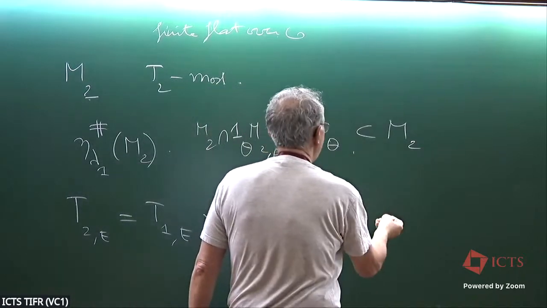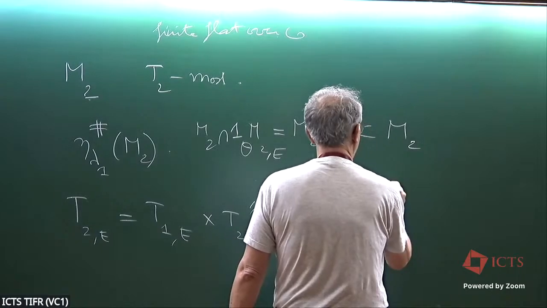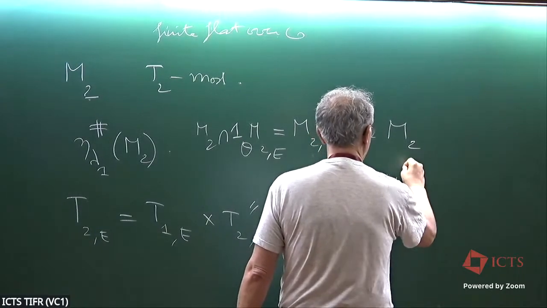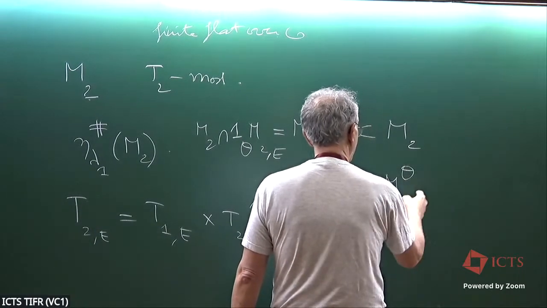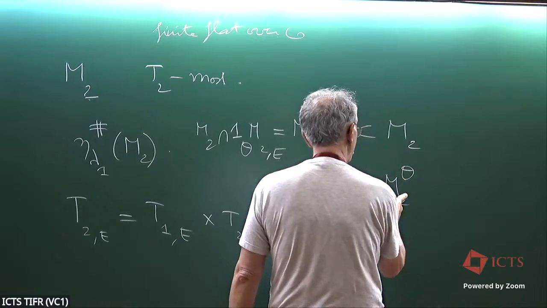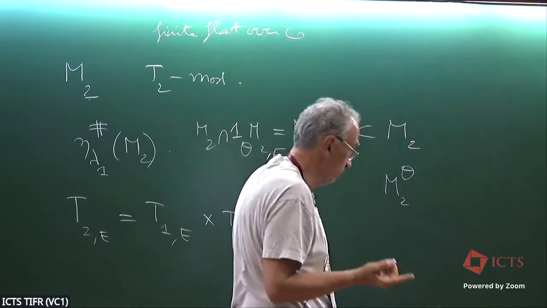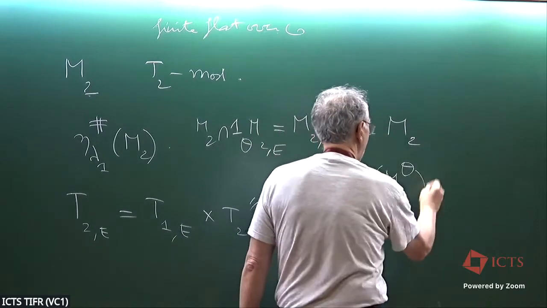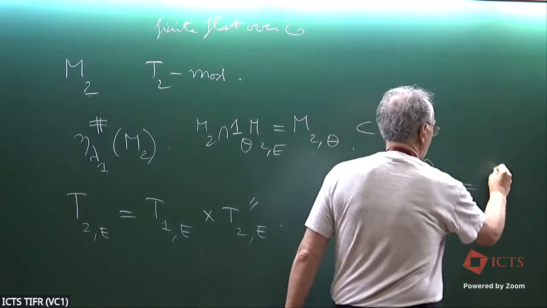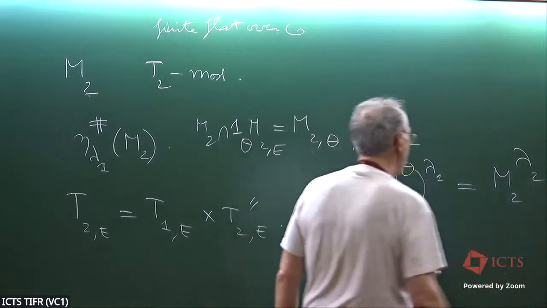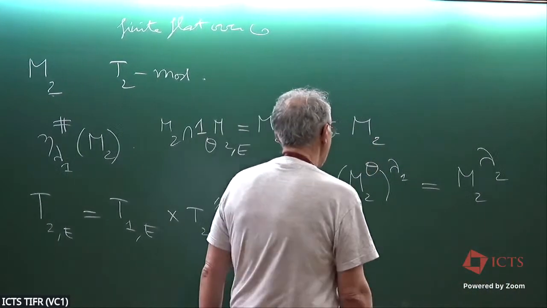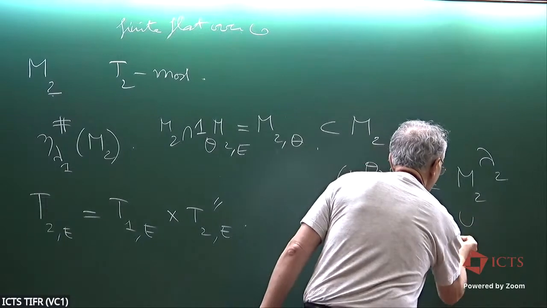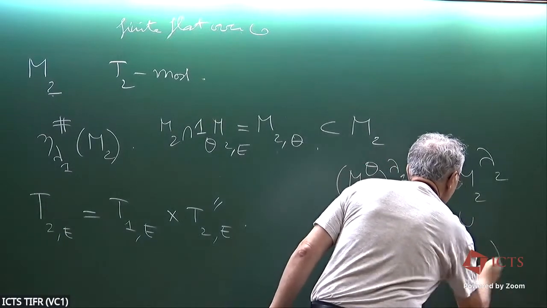On the other hand, you have M2 theta, but now you apply lambda 1, which is the same as applying lambda 2, because this is a T1 module. And inside, you have M2 theta applying lambda 1.